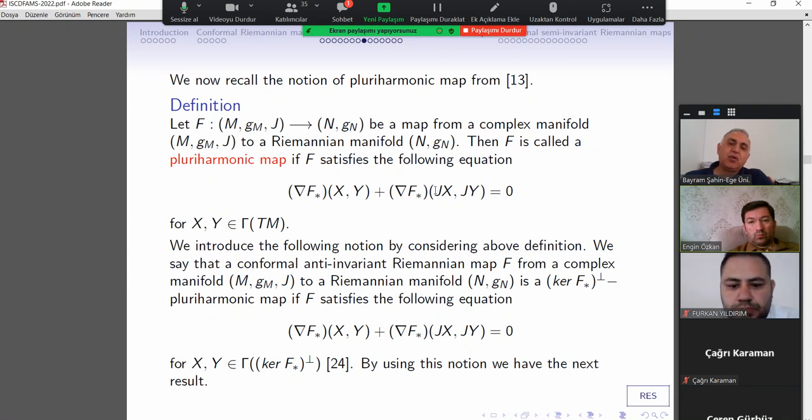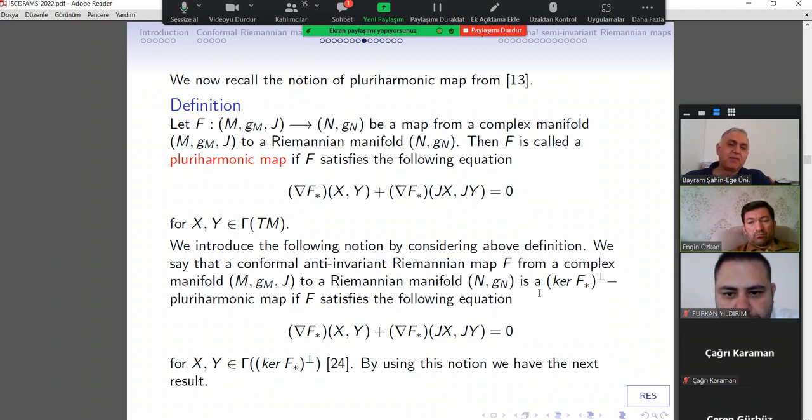And if you look at the second fundamental form of the holomorphic map, you see this condition is satisfied automatically. So this is the idea to use this notion. It's called the polyharmonic map. In our case, we have several distributions in our total manifold. So we can use this polyharmonic map for some special cases, and we can define the new polyharmonic map.